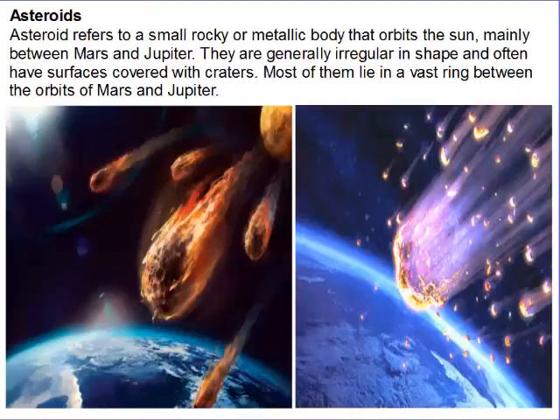An asteroid refers to a small rocky or metallic body that orbits the sun, mainly between Mars and Jupiter. They are generally irregular in shape and often have surfaces covered with craters.